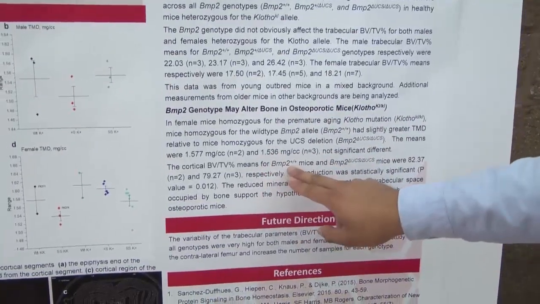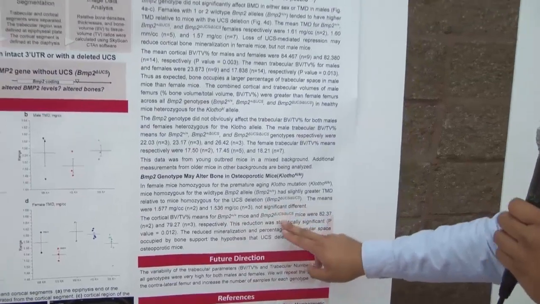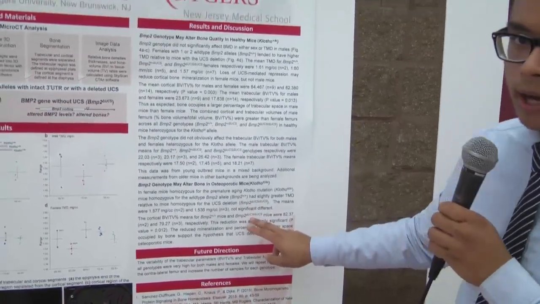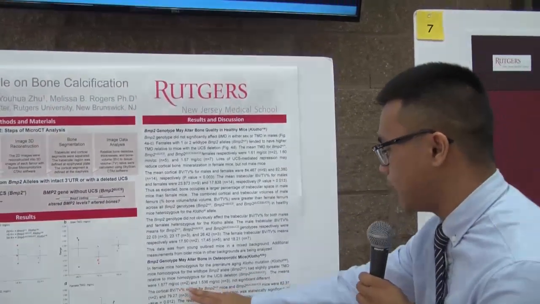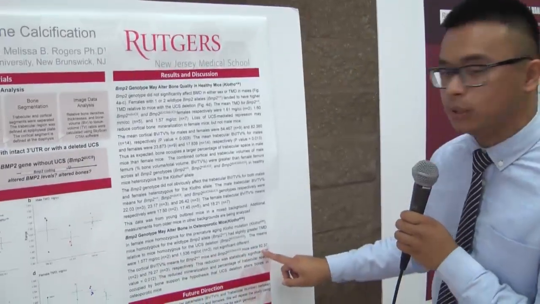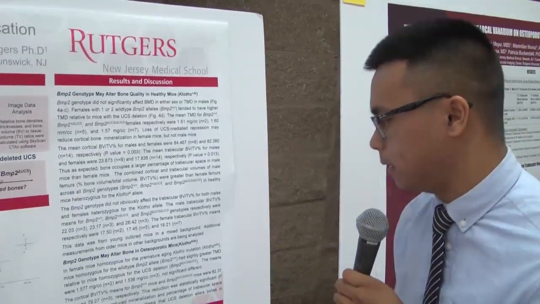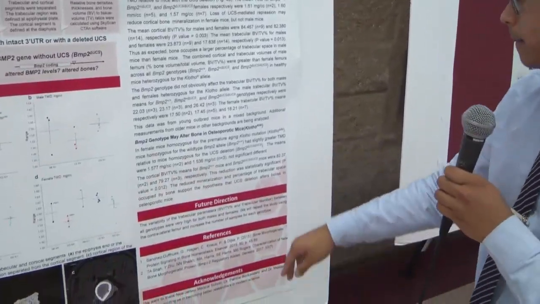So mice with wild type genotypes and for the double knockout for the BMP2 allele, they were actually decreasing. So for mice with the wild type, it was 82%, and for mice with the double knockout, it was 74%, N equals 2 and 3 respectively.